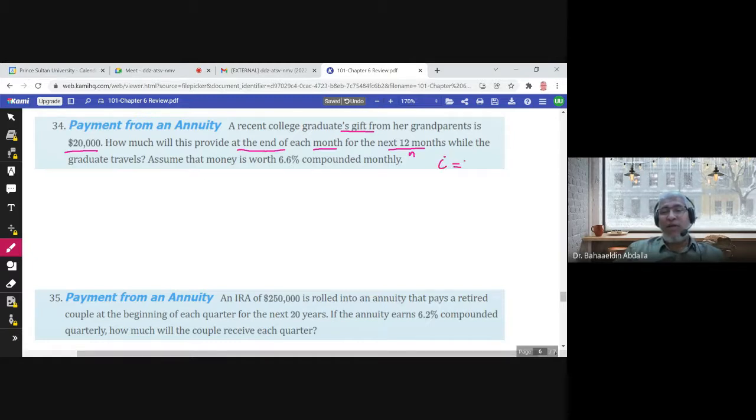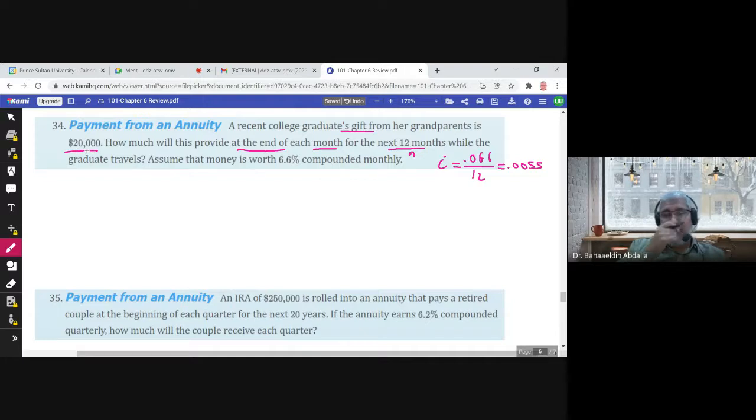So let us find i. Divide 0.066 by 12, and by the calculator, this is equal to 0.0055. Okay, so what do we need? She has a gift, so this money is available now.